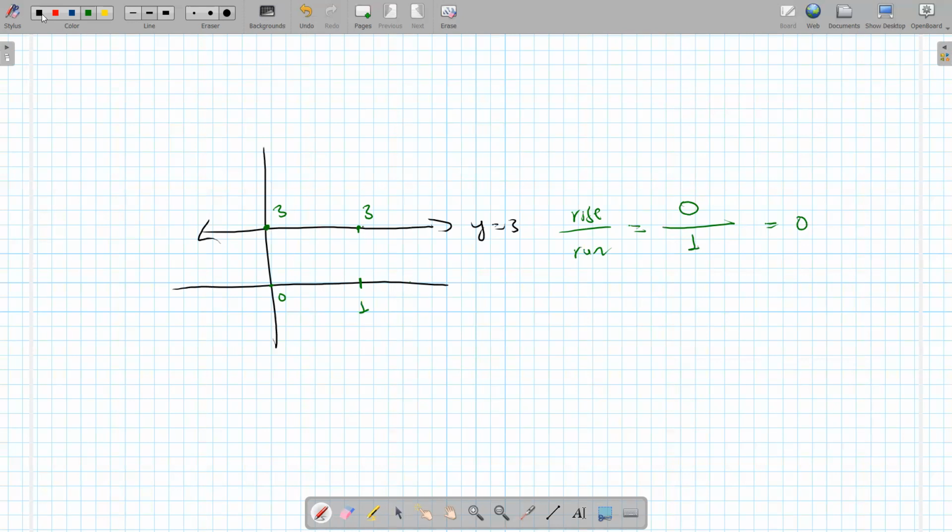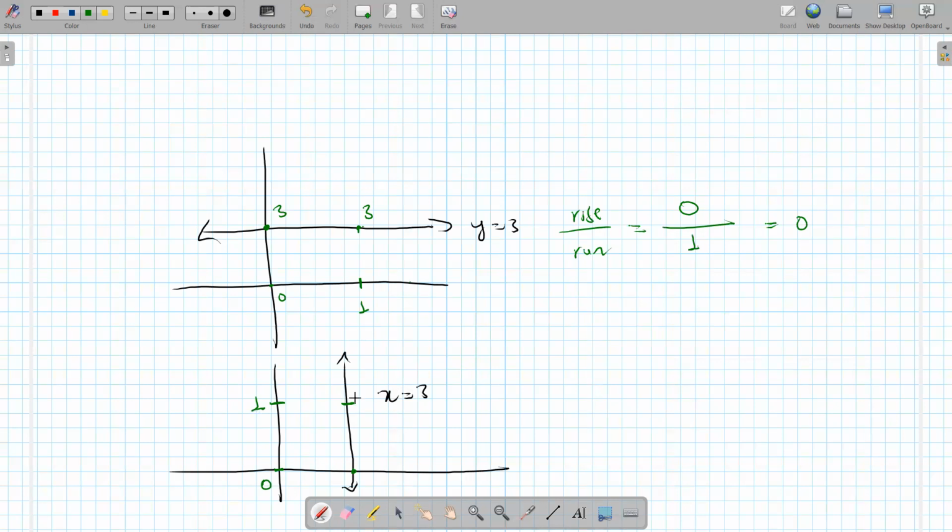Now, if we translate this into a vertical line, let's say we have this x equals to 3, and we'll do the same thing. We're going to go from the y value of 1 to the y value of 0. What's the x value here? The line is x equals 3.